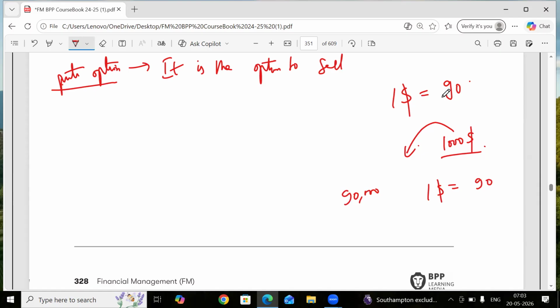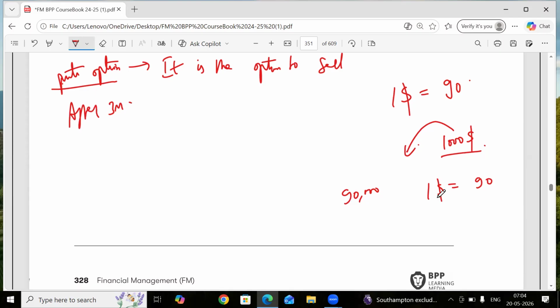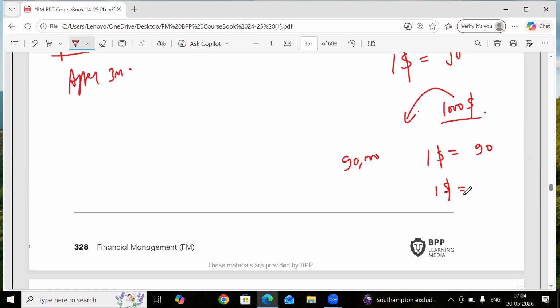But I am supposed to receive the payment after 3 months. And after 3 months, if $1 goes to 80, let's say, which is not going to happen, but if it goes, I'm going to get only 80,000. So I'm going to incur a loss of 10,000. So how shall I cover this loss? I can cover this loss by entering into put option.